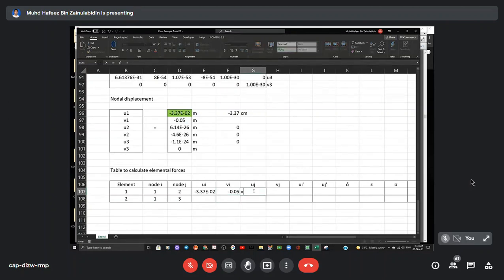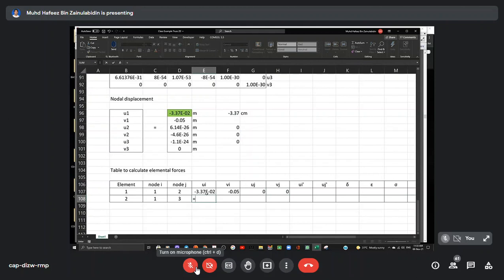UJ, okay, J is 2, that means U2. U2, we take this value 0. Don't take this one because this is with a little bit of error, a very small number, but actually this is 0. Just put 0 there. That 0 is the actual value, and V2 equals 0 as well.